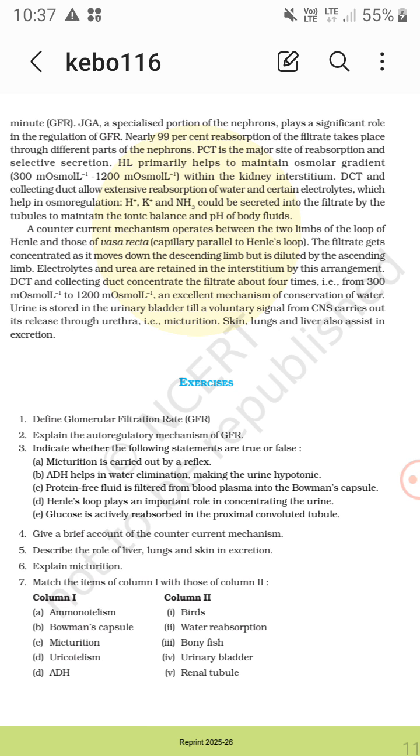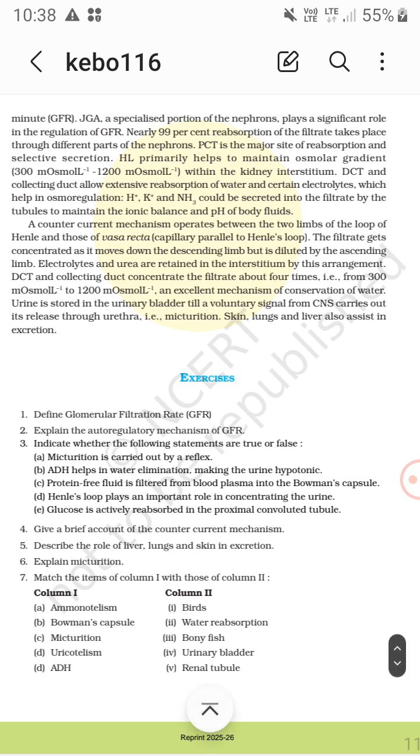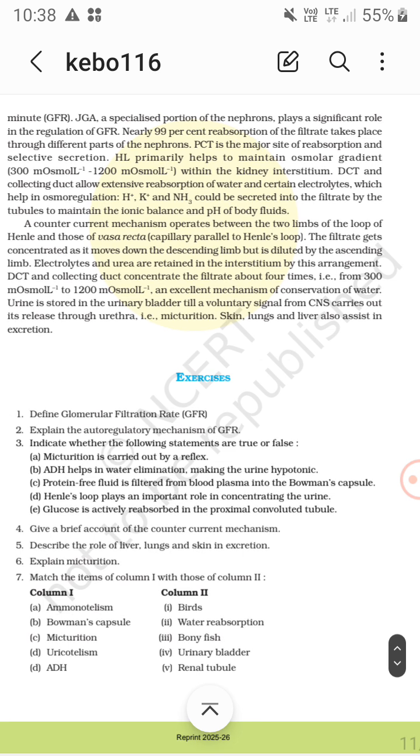The filtrate gets concentrated as it moves down the descending limb, but is diluted as it moves up the ascending limb.